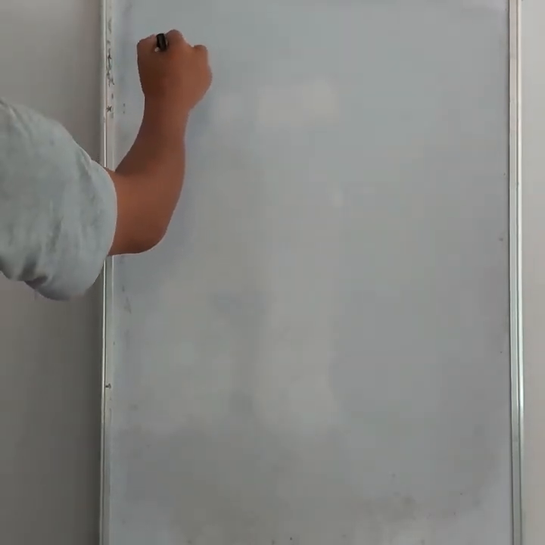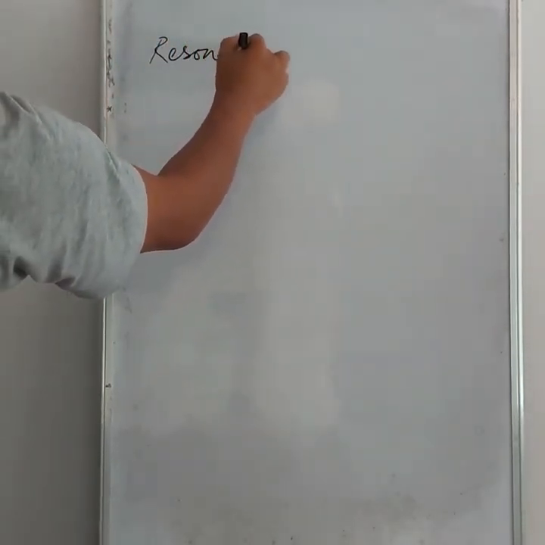But before moving on to valence bond theory, let's understand the concept of resonance. What do we mean by resonance? As we have found, some molecules don't obey the octet rule even though they are formed, like nitrous oxide, or for example ozone.